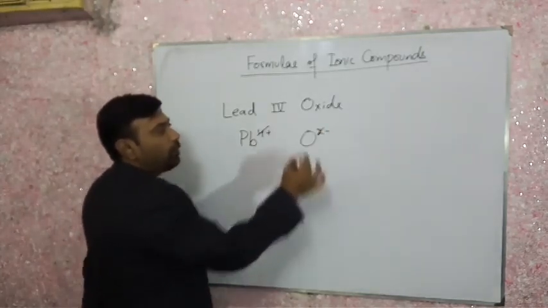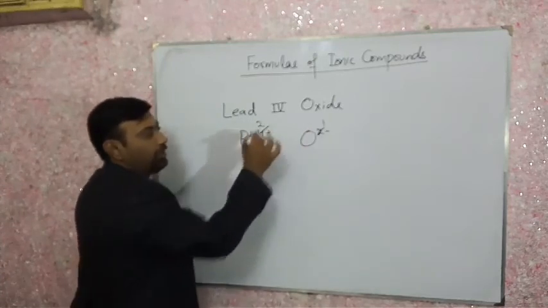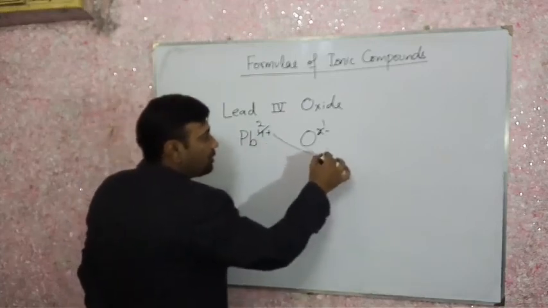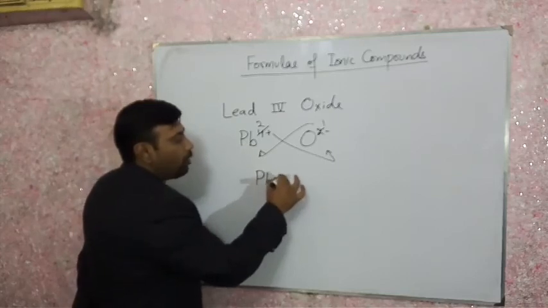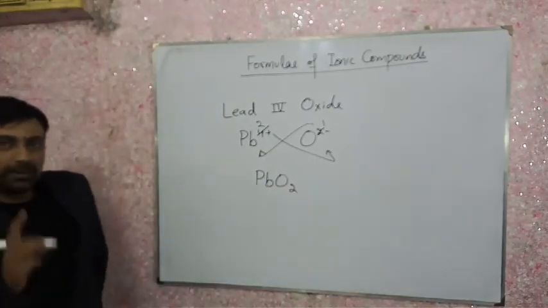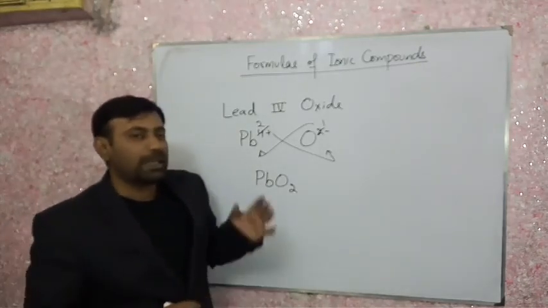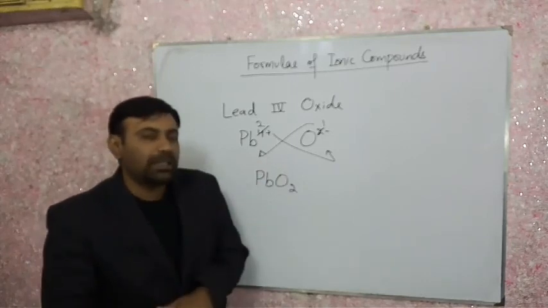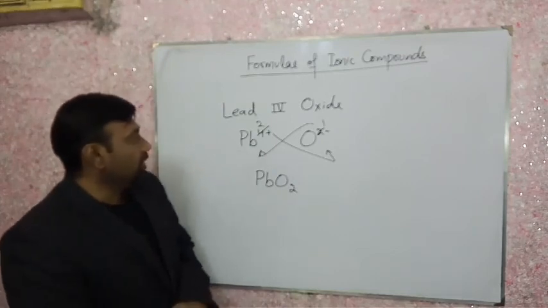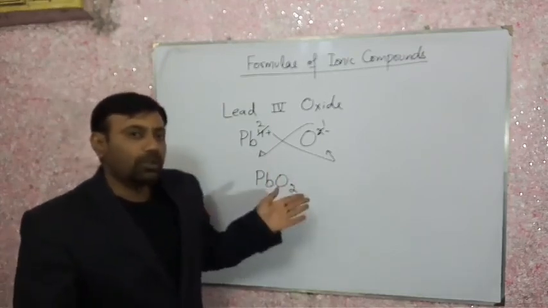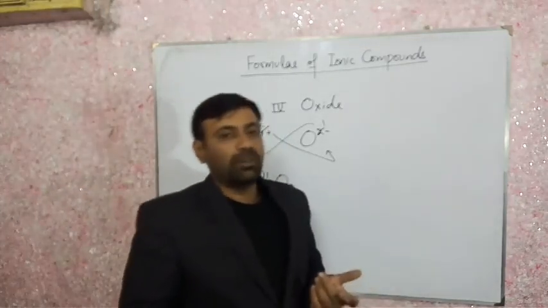We can divide both values by 2 and we'll get a 1 here and we'll get a 2 here. Now crisscross these and we'll get PbO2. Keep one thing in mind, the purpose of doing this crisscross technique is to balance out the charges, and if they can be balanced out by simplifying the exact number of charges, we should do that, and that can be done by simplifying the charges if they are simplifiable.